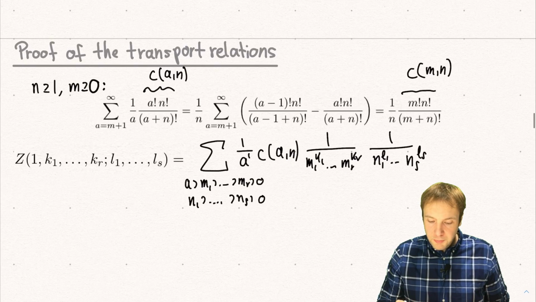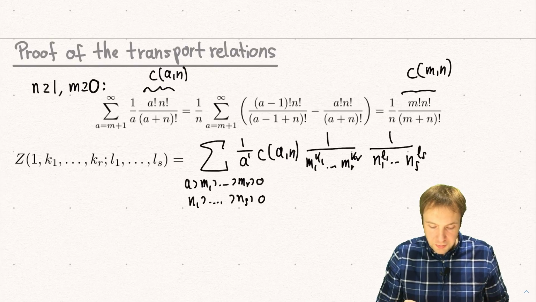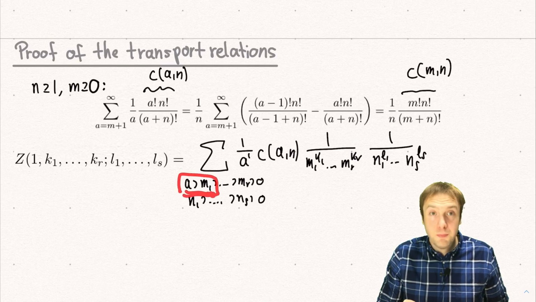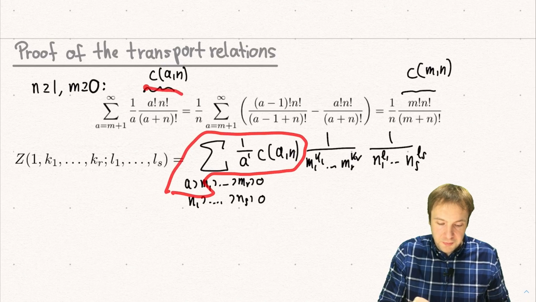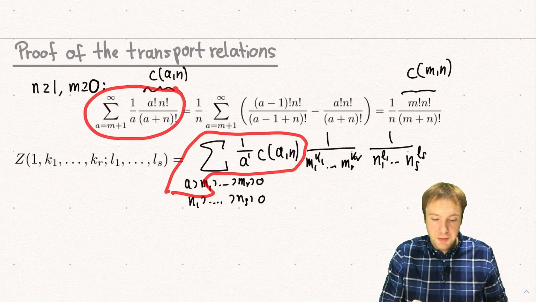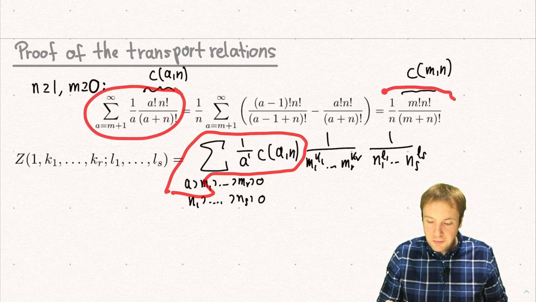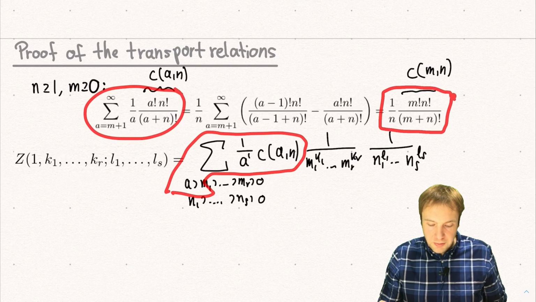Okay, but now we can see here that we can take the sum over a, so a goes now from m1 plus 1 to infinity, and here we have exactly this term here. So this sum here is exactly given by this sum here, so therefore we can replace it by this here.